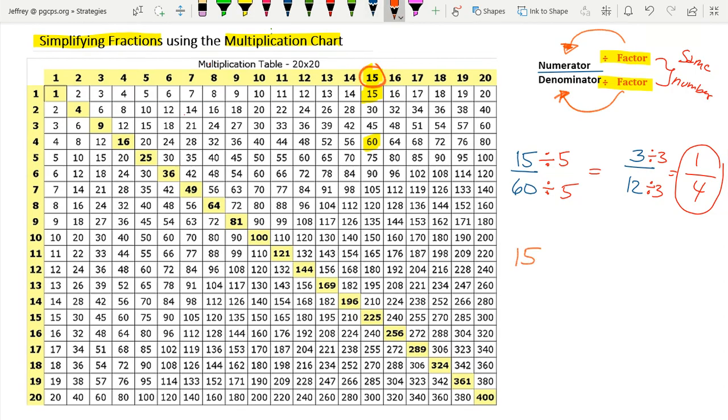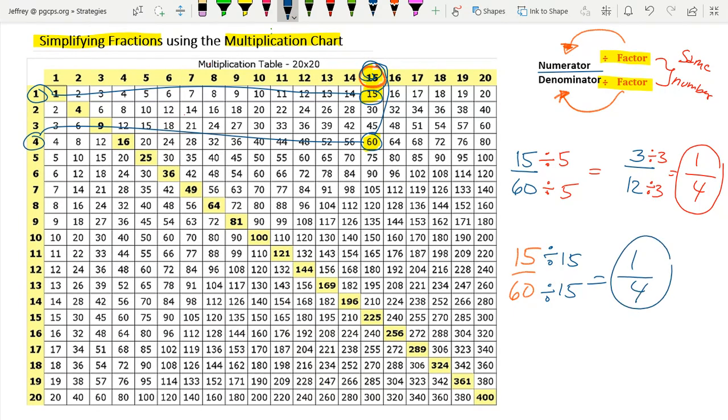So that means if I have 15 over 60, I can immediately reduce this by dividing by 15. So 15 divided by 15 will give you 1. And 60 divided by 15 will give you 4.